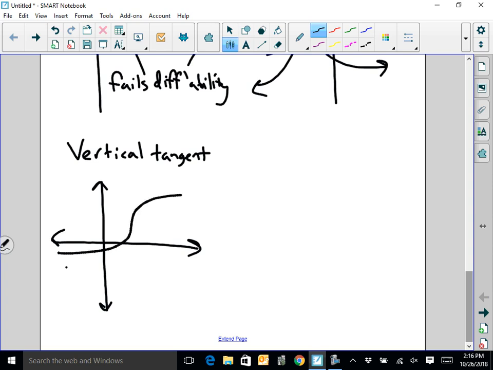So if we see something like this, that looks like a terrace point, but it's flipped sideways, right? Right at that point, there might be a case where the slope of this line is undefined, okay? And we can't report a slope of a tangent line if that slope is undefined. So right here, this fails diffable. This is not diffable.